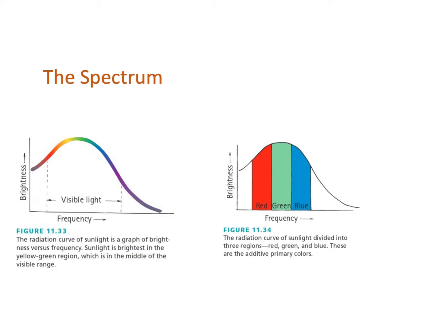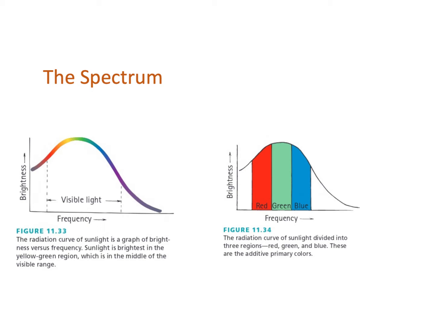Now here we see the same curve, but it's a little simpler, and rather than showing you all the different gradations of color, it's divided into three main colors. It's divided into red, green, and blue. And these are what are called the three primary colors.